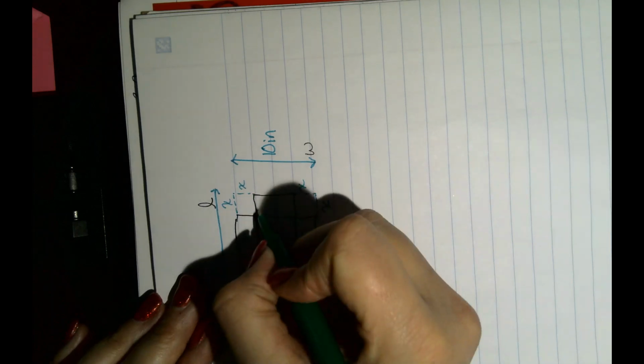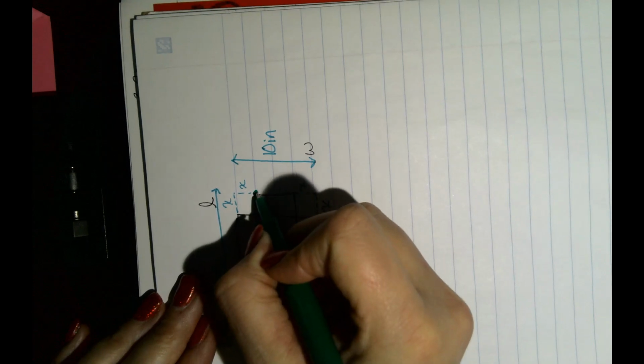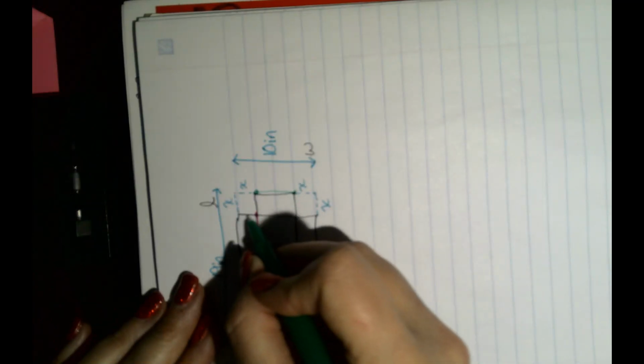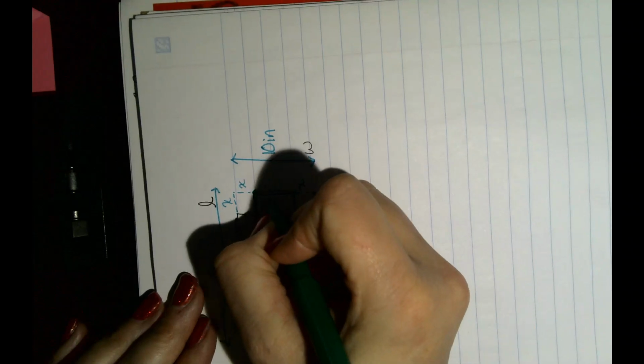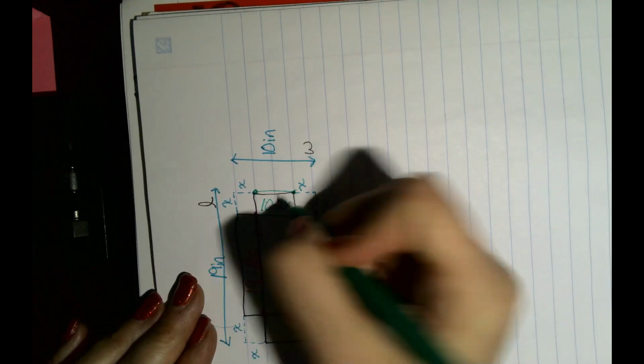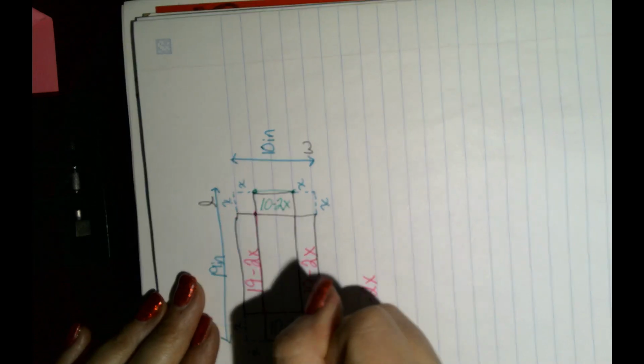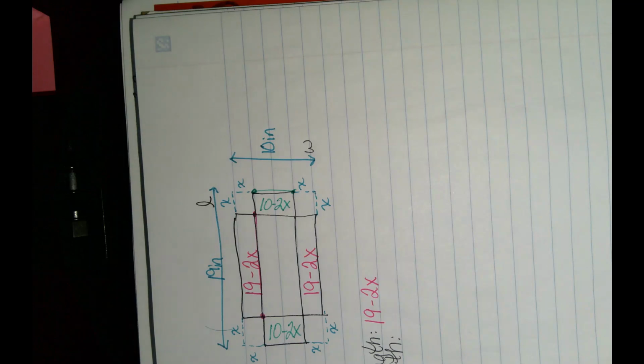I just need to know from here to here, because that's the width of my box when I fold that up. And when I fold these sides up, they would go away. So it's going to be 10, and I'm going to take away those two x's. And again, the best thing about a box is the two ends are the same, so I can just repeat that down at the bottom.